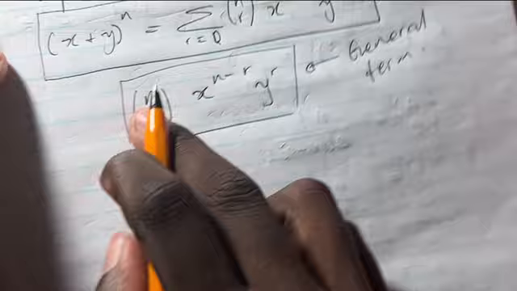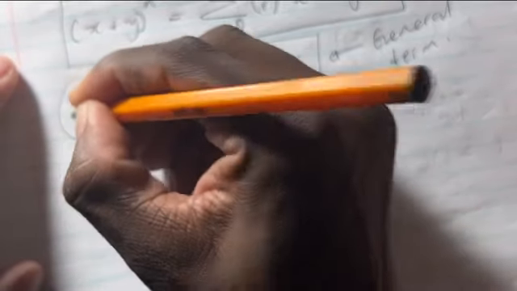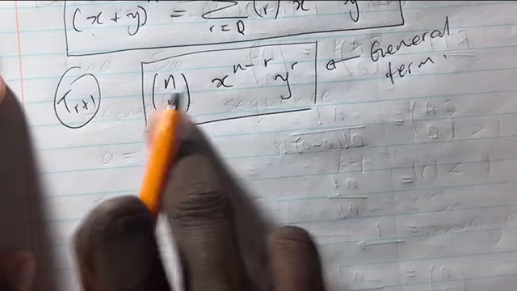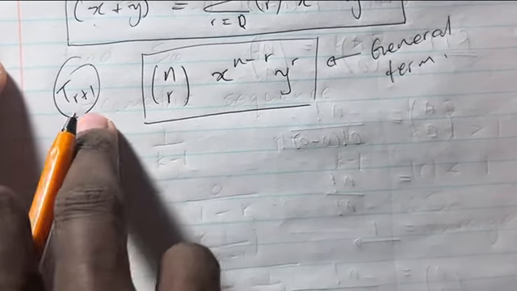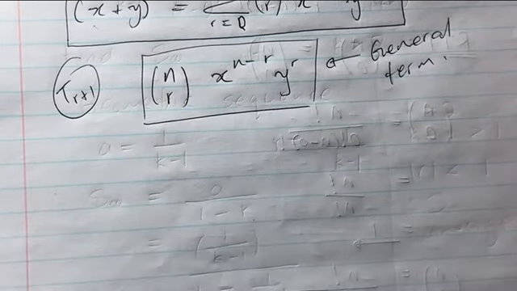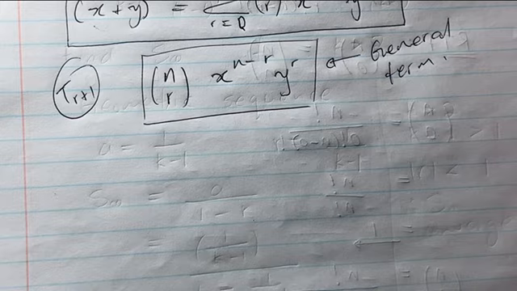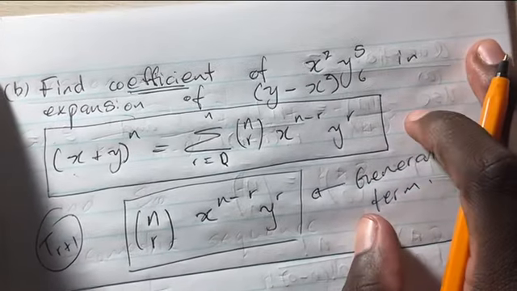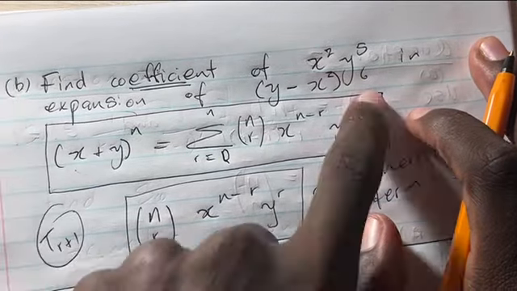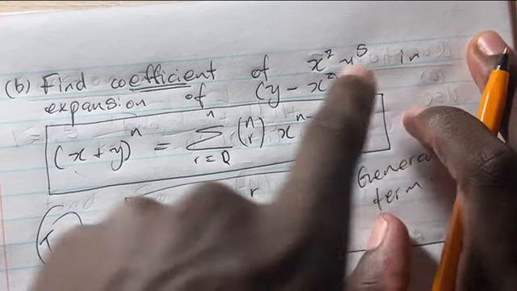Some will call this T of R plus 1. But this is a general term. This is basically what we're going to use. So let's try to apply it to the question specifically. What's our n on this question? The exponent on the outside, it's 6.